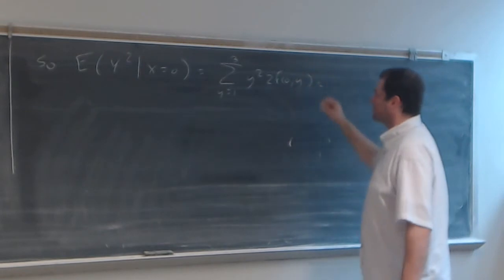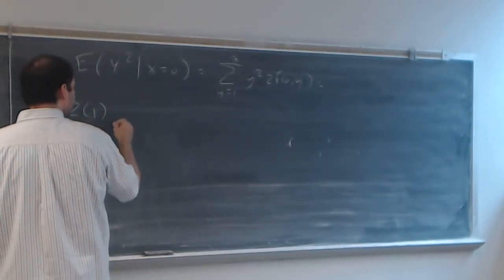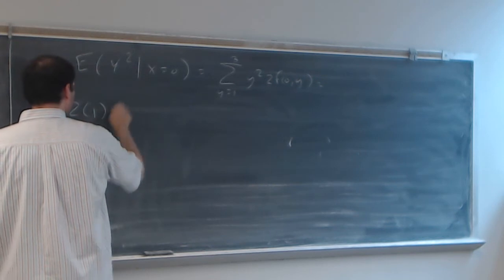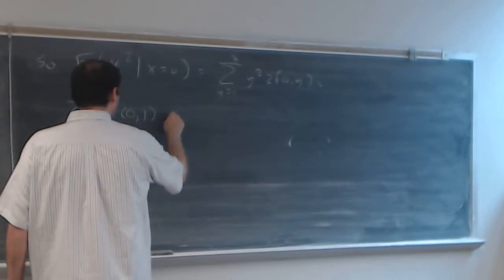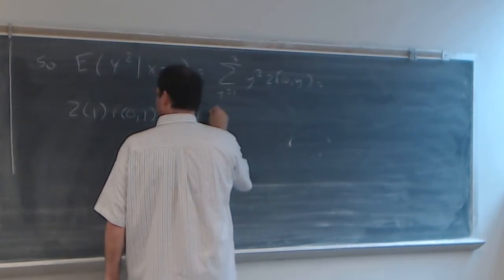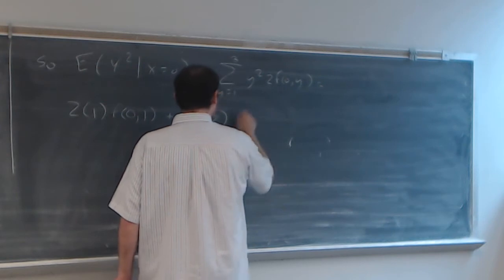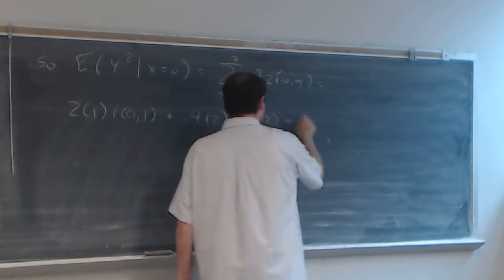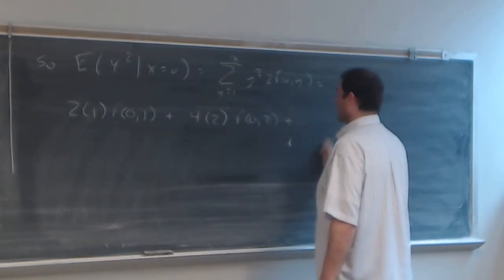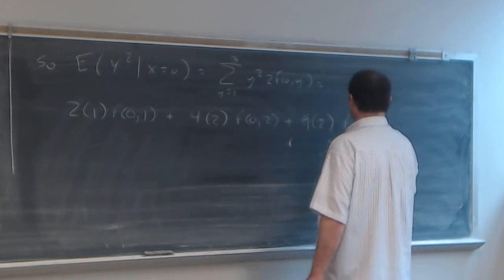And so this is equal to 2 times 1 times f of 0, 1, plus, when y is 2, we have 4 times 2, f of 0, 2, plus, then it would be 9 times 2, f of 0, 3.